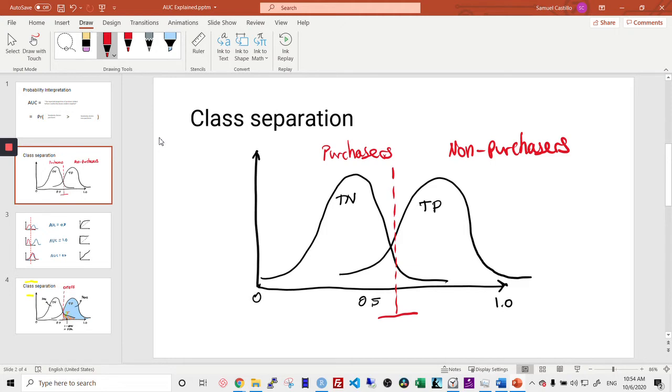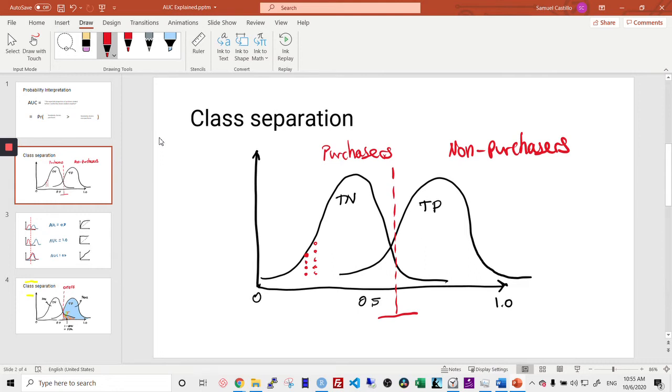So you can think of this as being a histogram, where each point on this histogram is a customer. When you create this histogram, you divide up purchasers from non-purchasers. And then for each person, you know the model's probability.